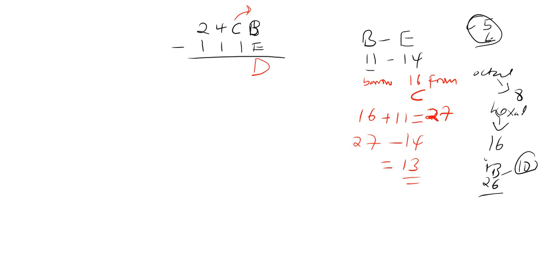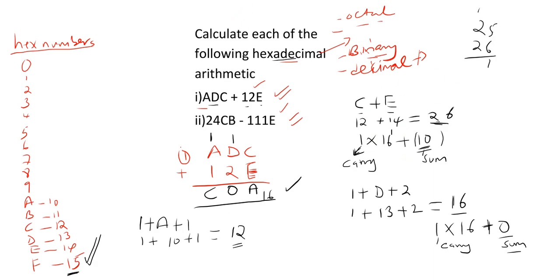Remember, we borrowed from C, and C is 12. So when we borrow 16, we are going to remain with B. The way we subtract in normal numbers, when you borrow, you decrease the number by 1. Let me put it clear.